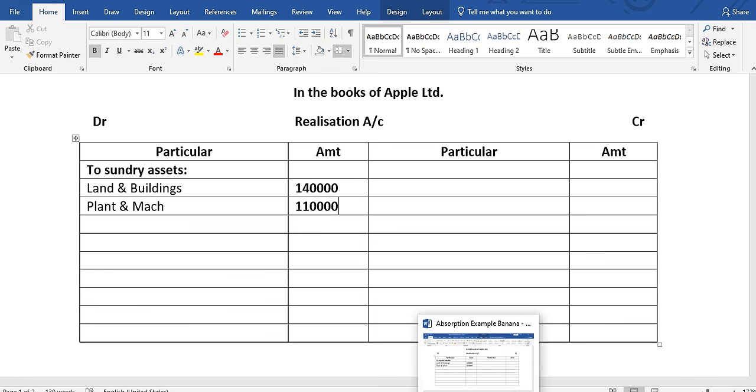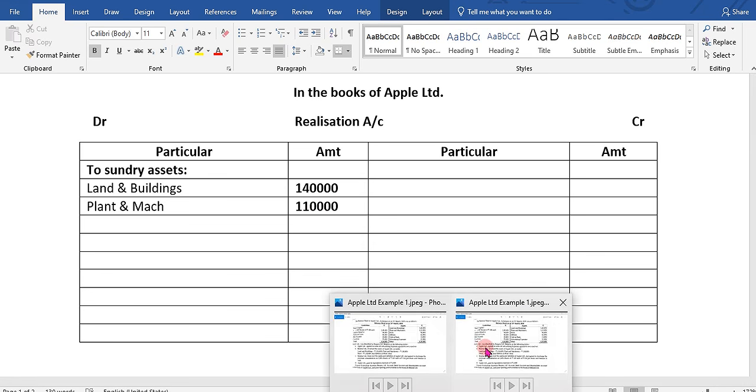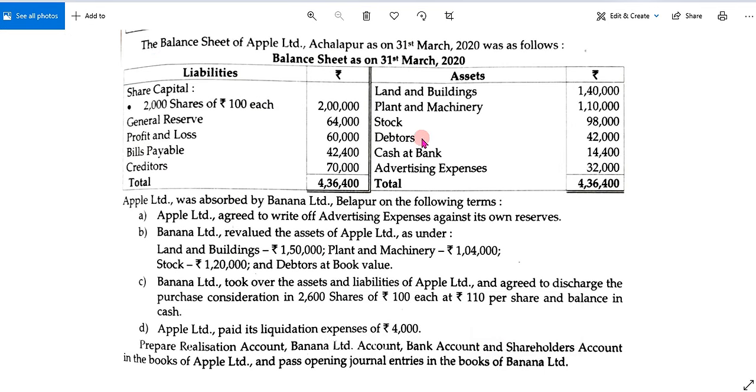Next assets: stock 98,000, debtors 42,000 and cash at hand 14,400.